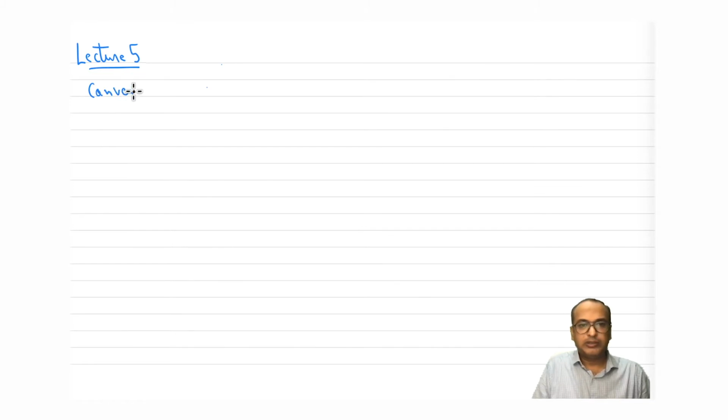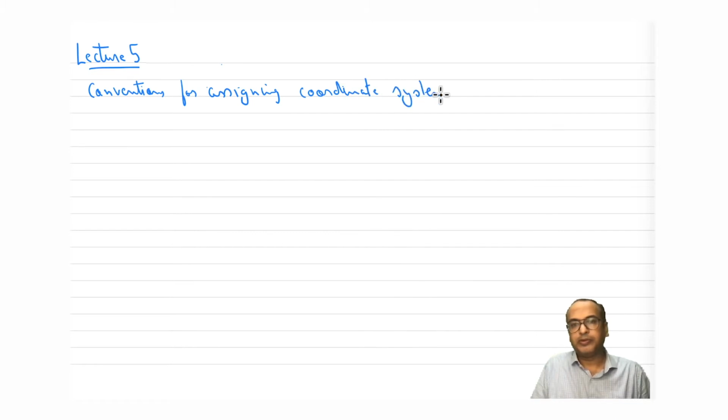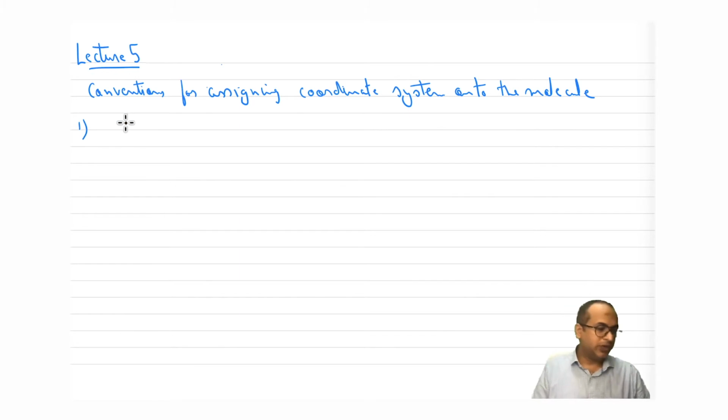Conventions for assigning a coordinate system onto the molecule. This was initially covered in lecture 3, and then all the rules were not explicitly defined. That's why I'm doing it again over here.